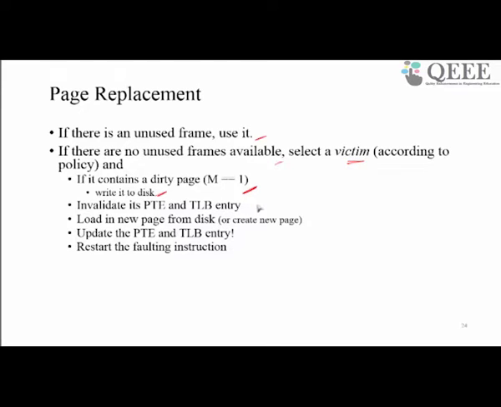Then invalidate the page table entry and the TLB entry, because you are going to replace the page. The page table entry which says that the page is residing in main memory is now wrong, because you have removed it from the main memory, so you have to change it. The TLB entry will also be wrong, because the virtual address to physical address mapping is wrong since the page has been removed. So they have to be invalidated.